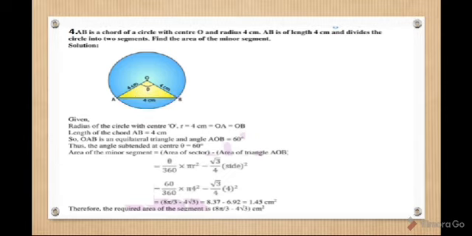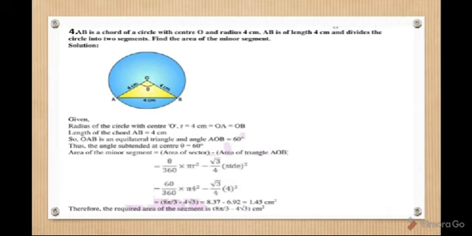Okay. Now if you look at this triangle OAB, OA is equal to 4 centimeter, OB is equal to 4 centimeter, and the length of the chord AB is given as 4 centimeter. So for OAB triangle, the length of 3 sides are equal as 4, 4, 4 centimeter.